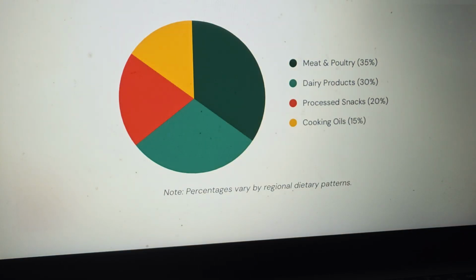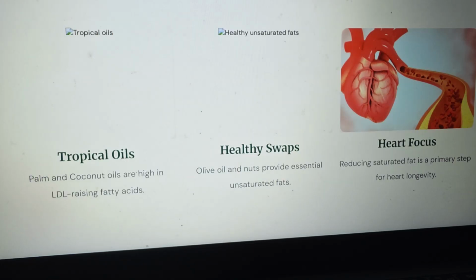Common sources of saturated fat, as you can see from the chart: meat and poultry account for about 35%, dairy products account for 30%, processed snacks contribute about 20%, and cooking oil is about 15%. How do we manage tropical and healthy fat? We need to be careful about tropical oil.